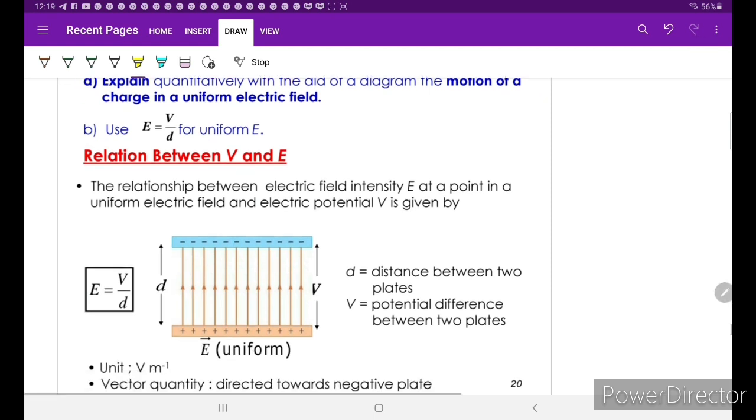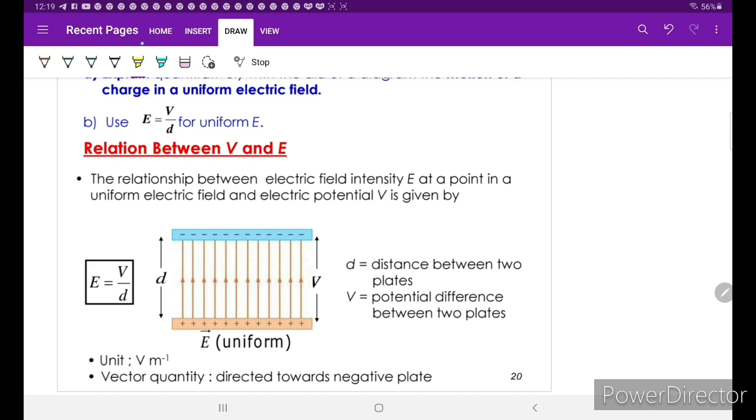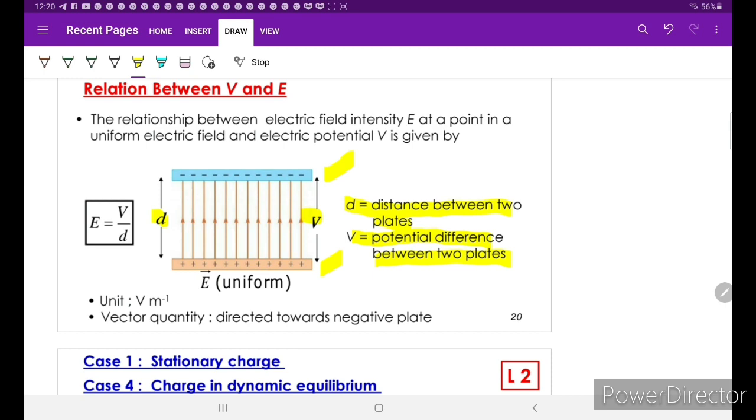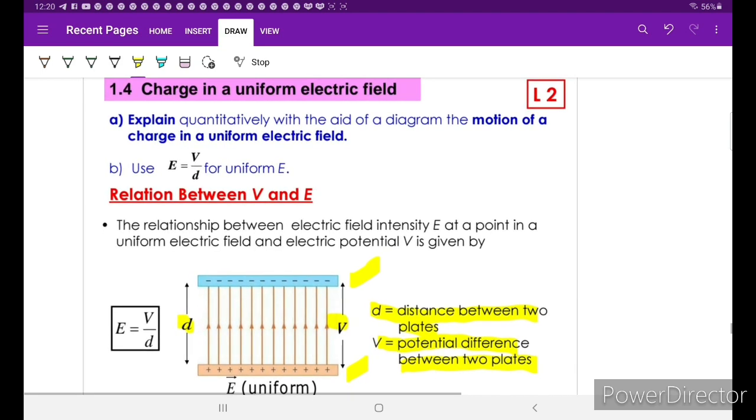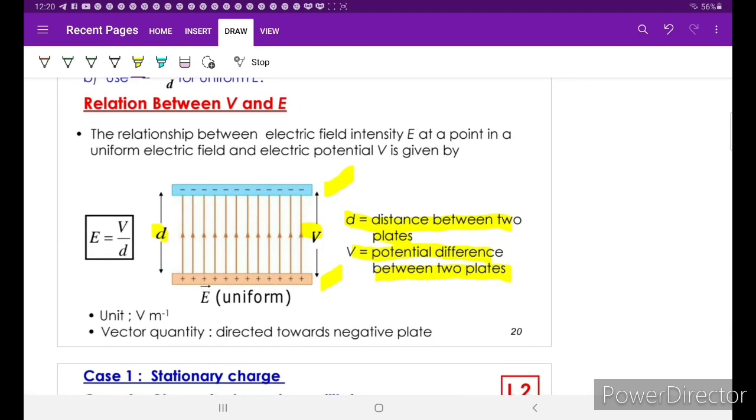Okay, if we have the parallel plate, between this plate, negative plate, and the positive plate, where V is a potential difference between these two plates and d is a distance between these two plates. So to calculate the electric field between these two plates, we use the formula E equal to V over d.